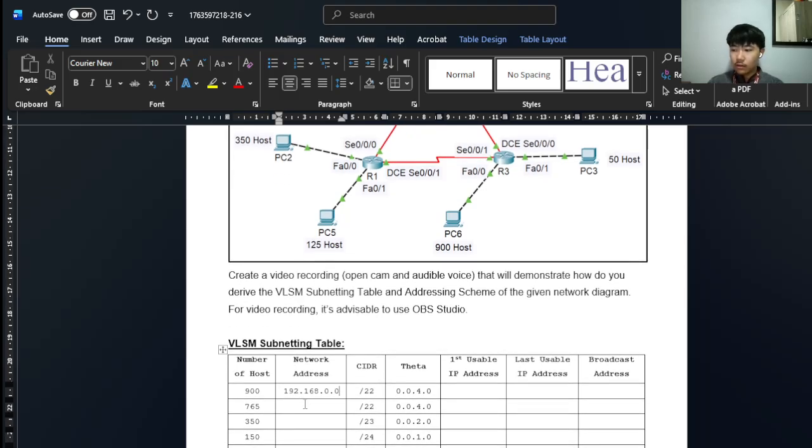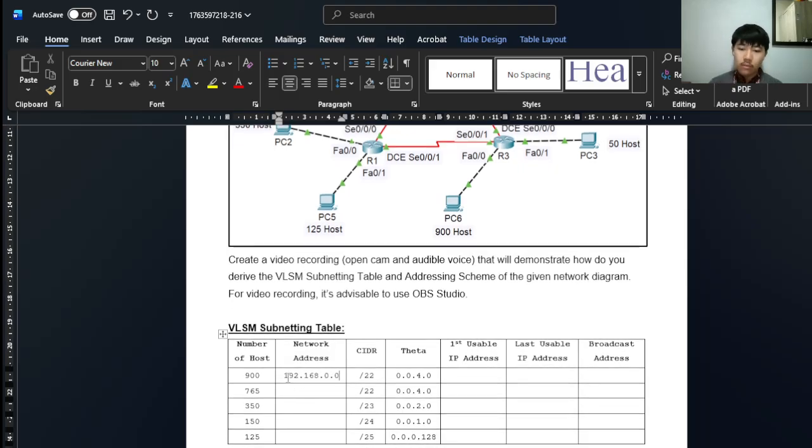For the following network addresses, we will just increase the first network address according to its theta, adding the theta to the network address.